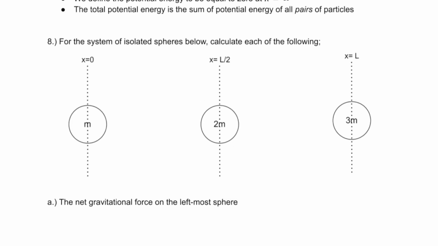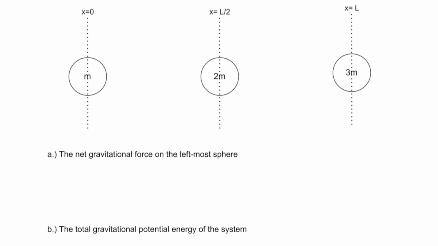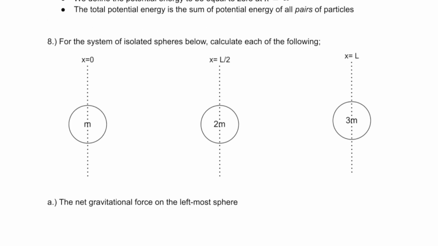So first, let's just look at a point particle example. Here we have a system of isolated spheres, and we want to calculate both the net force on the left sphere, and we want to find the total GPE of the system. So first, observe that the left sphere is going to get attracted to the middle sphere.